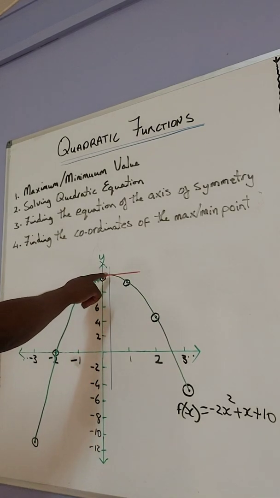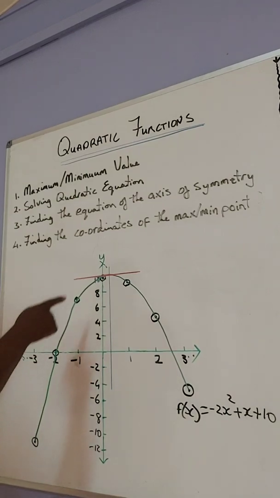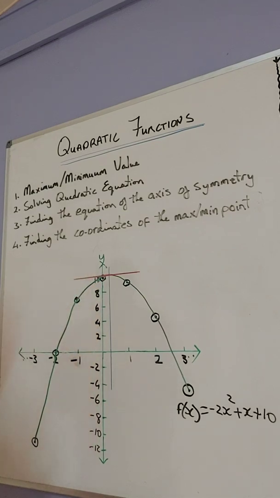The highest value that is obtained on the graph, or the highest y value that we get from the graph, is called the maximum point. So to obtain this maximum point, we draw a horizontal tangent line and we come straight across the y-axis. The maximum value is therefore the intersection of this tangent line with the y-axis.